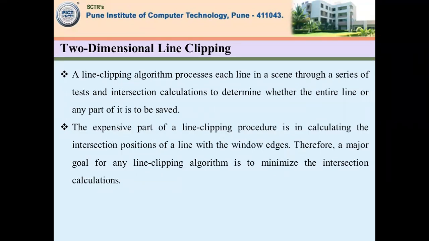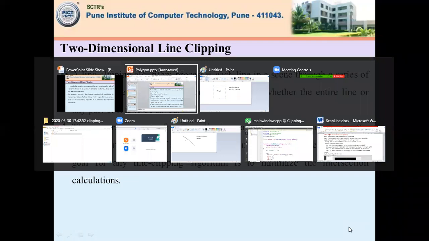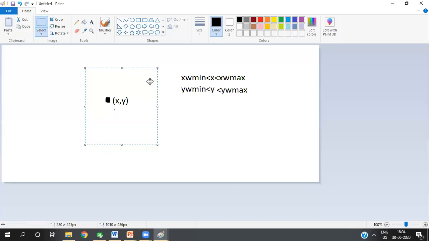with the two-dimensional line clipping. So what is line clipping over here? Let's go to the paint again so that you will understand. Here I will draw different lines.